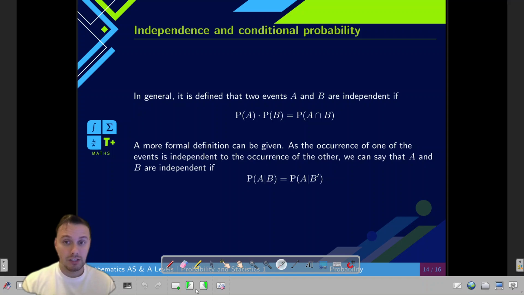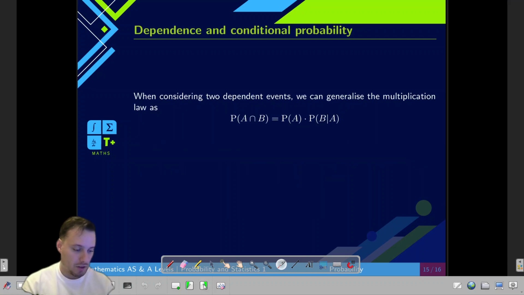This means that events A and B are independent if the probability of A given B is the same as the probability of A given not B. This means either B happens or B doesn't happen, the probability of A remains the same. This is another way of understanding how independence works, now through conditionality.